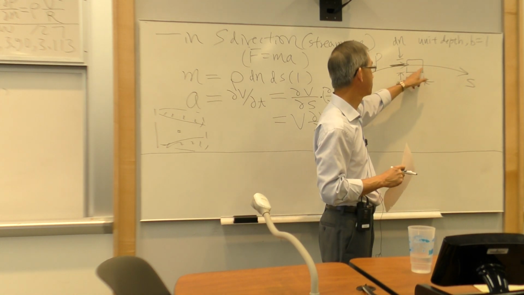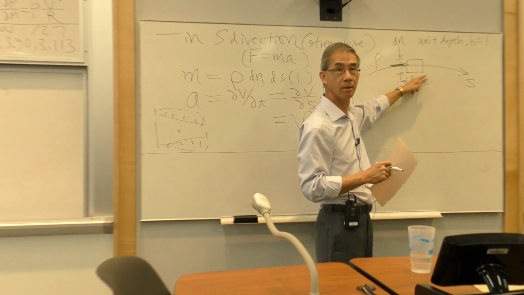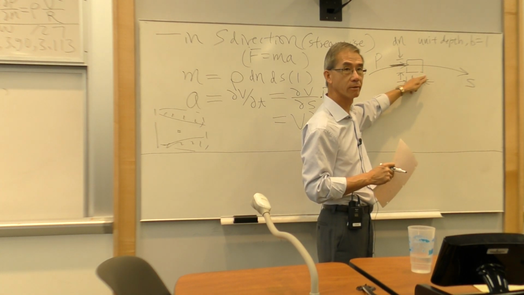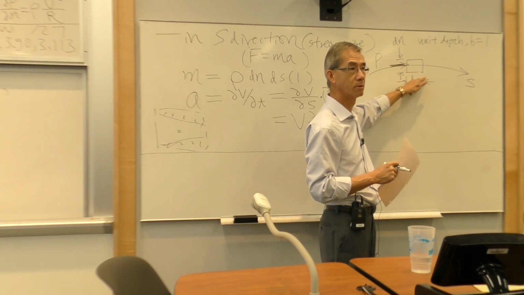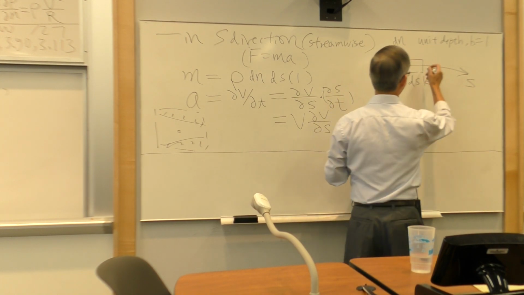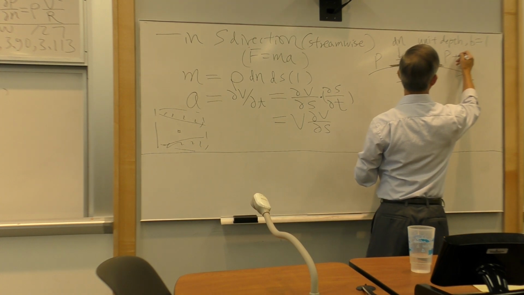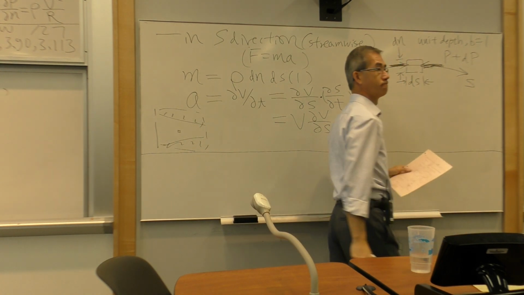Do I need to tell you which way the flow is going? No, we don't care. Inward and normal. So which way? To the left. And so I have P plus now dP.